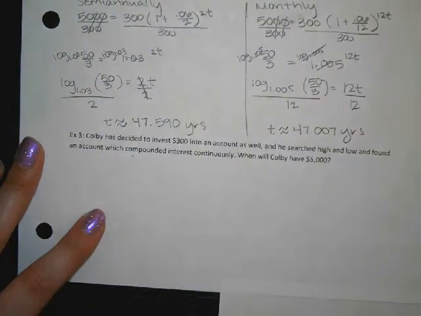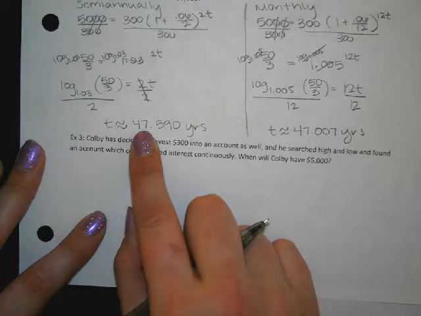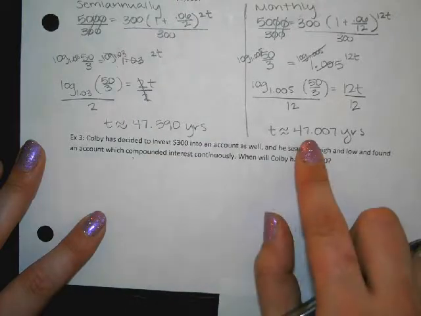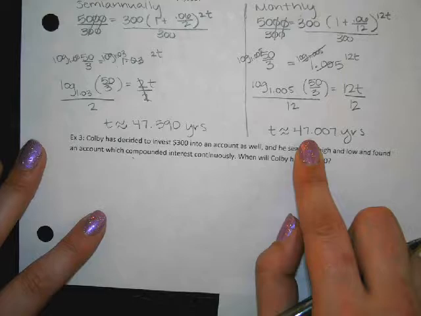So if Carrington wants to have $5,000, then compounded semi-annually, it will take her 47.590 years. Monthly, it will take 47.007 years, so just a little bit less.